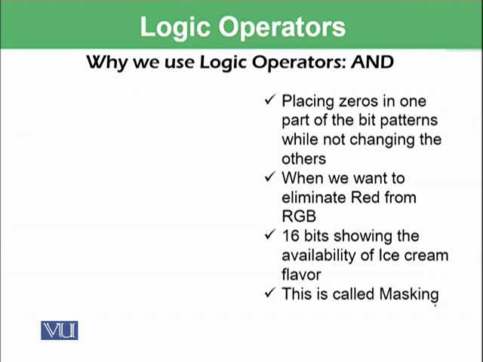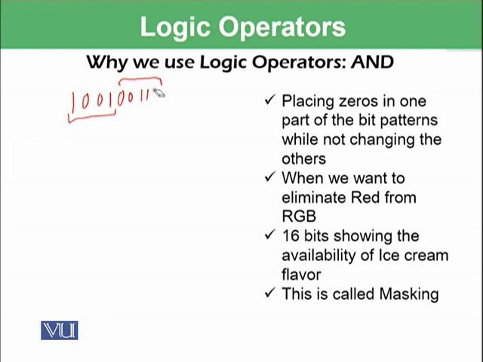For example, there is a situation where you want to place zeros in one part of the bit pattern while not changing the others. So for example, you have a bit pattern like 1 0 0 1 0 0 1 1 0, and you want to place zeros in, for example, these 4 bits, while you don't want to change the other 4 bits.